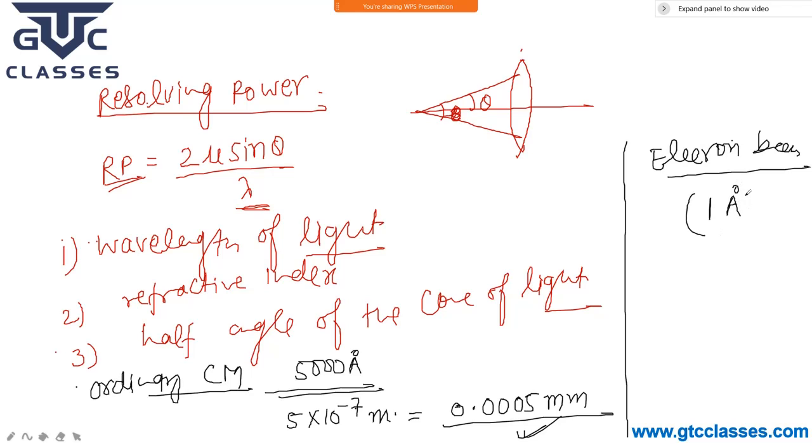Oh my god, that means 5,000 times stronger than the ordinary compound microscope. That's why the electron beam microscope is ultra costly, and it has a very high resolving power. It's the latest technology currently. Clear? Getting? Okay, fine. So I think let's pause here.